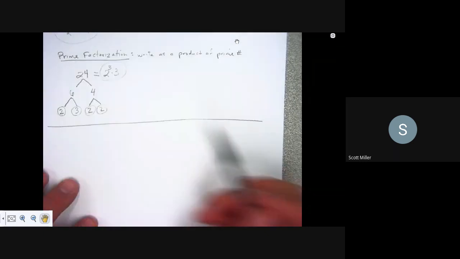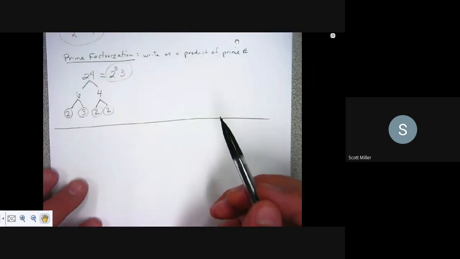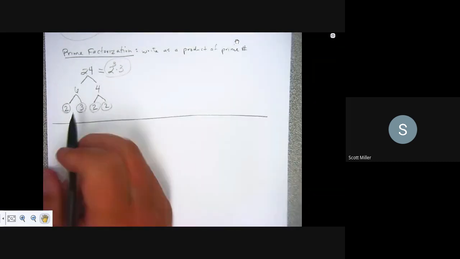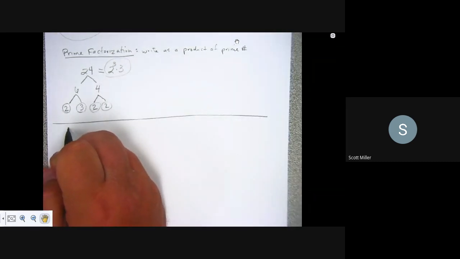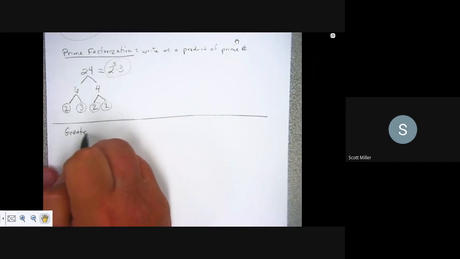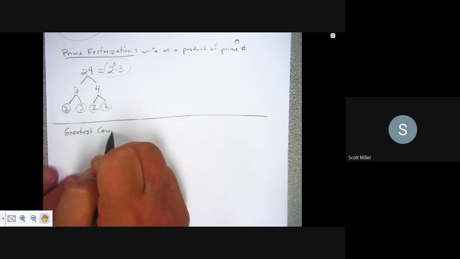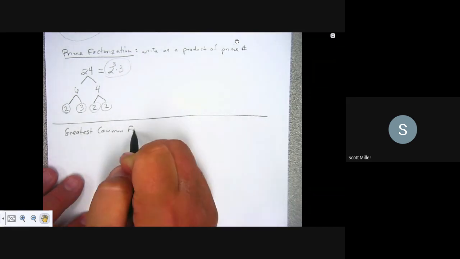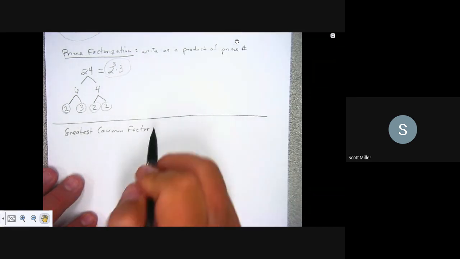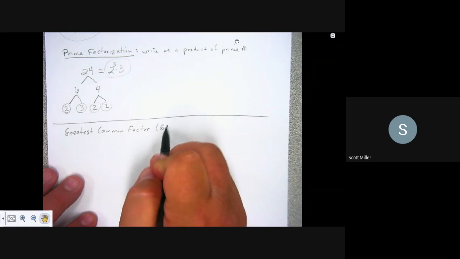So those are some preliminary things we need to know how to do when we are getting ready to do factoring techniques. And here's the first technique that we need to know how to do. The greatest common factor, otherwise known as GCF.